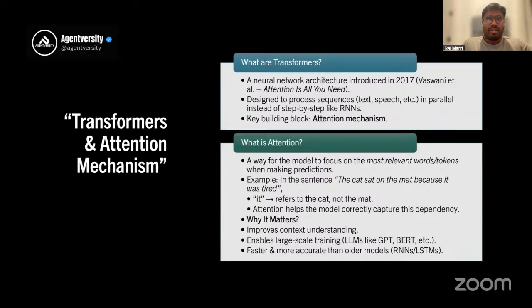But when you are dealing with natural language, look at this example: the cat sat on the mat because it was tired. So what does "it" refer to? The word "it" here refers to the cat. So how do we have our model understand this? How can we train a model to grasp what it refers to?